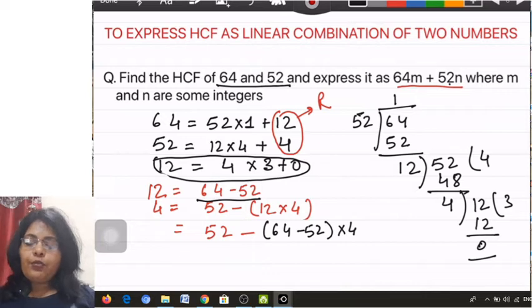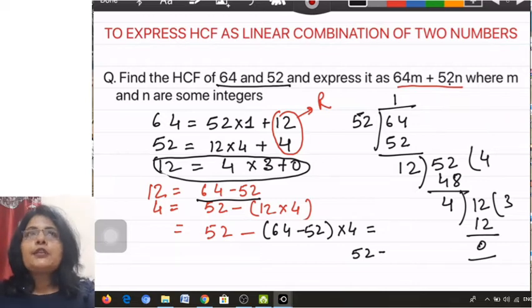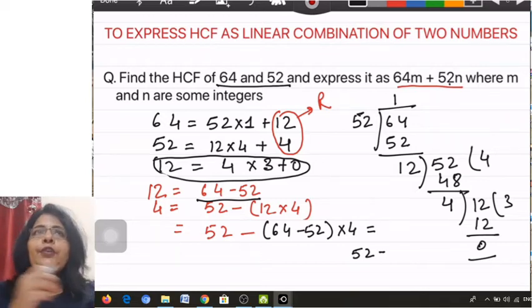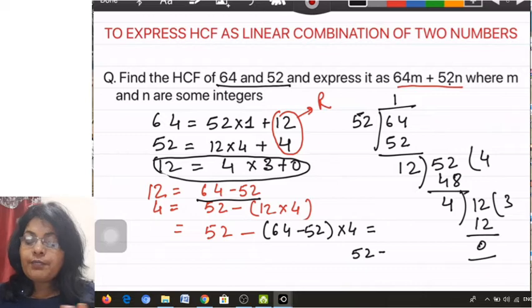Now we'll just simply solve here. We will not multiply and write.